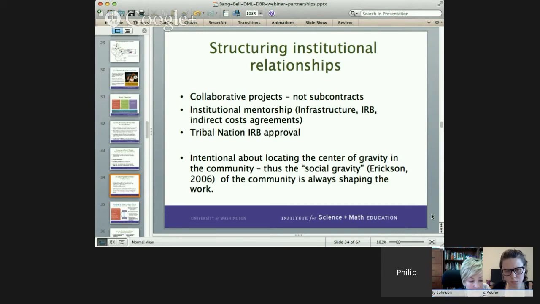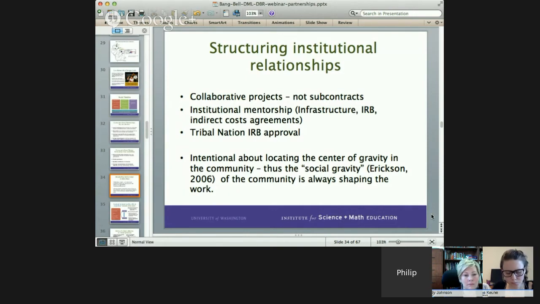Our university, Northwestern at the time, was incredibly generous in thinking about themselves as an institutional mentor and helped our community organizations not only apply directly to a place like the National Science Foundation, but also work on things like their financial infrastructure, IRB, and indirect cost agreements, all of those things that many non-dominant communities simply don't have the institutional history to know how to navigate. And so those things become extra labor.